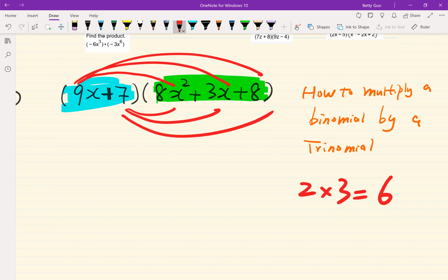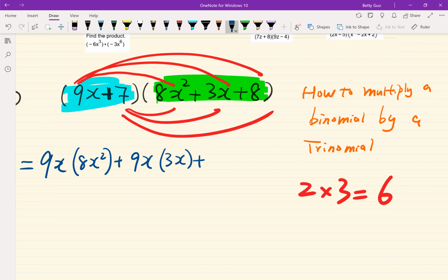They are the first term in the binomial multiplied by each single term in the trinomial, and the second term in the binomial multiplied by each single term in the trinomial. So we have 6 terms. Am I clear? Okay, let's see. 9x multiplied by term 1 in the green, 9x multiplied by term 2 in the green, 9x multiplied by term 3 in the green.